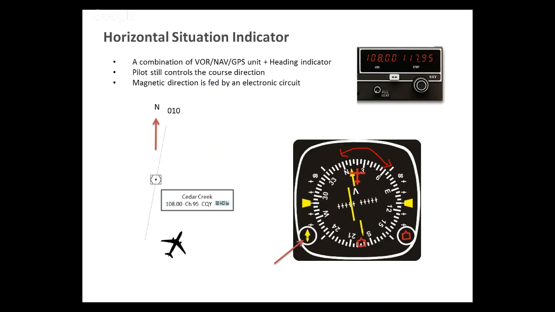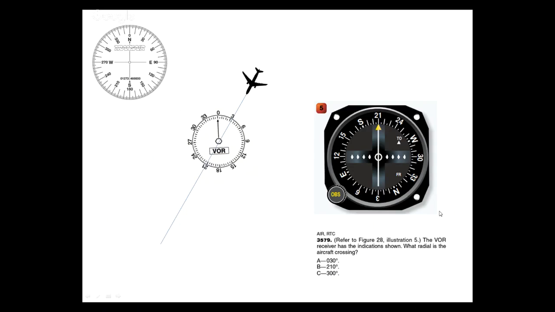And so typically, 9 times out of 10 in your training aircraft, you're going to have a VOR gauge, and then down on the instrument cluster, you're going to have your separate heading gauge. And so you're going to have to cross-reference back and forth between the two.